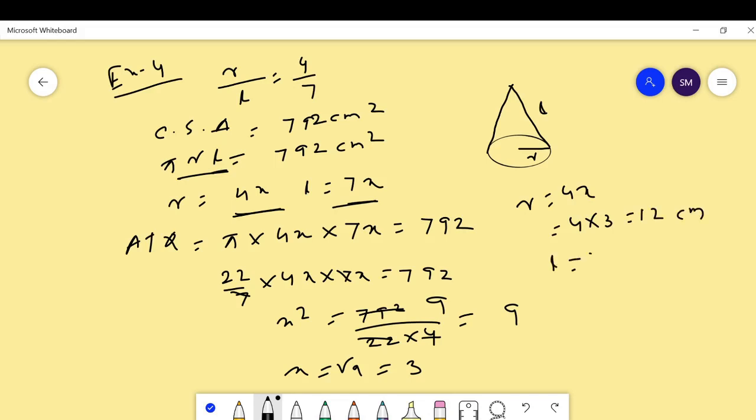Then L is equal to 7x, which equals 7 into 3, which is 21 centimeter. By solving this example, we come to the conclusion that the radius of the cone is 12 centimeter and the slanting height L is equal to 21 centimeter. Okay. Then next question.